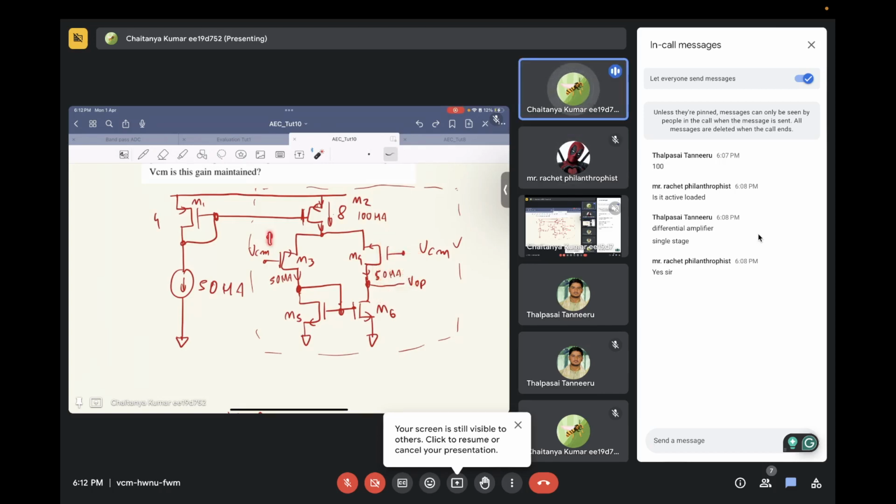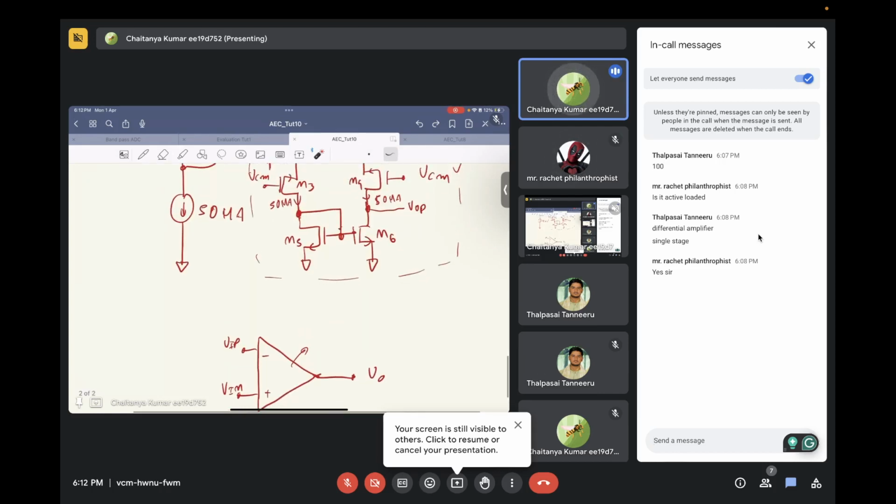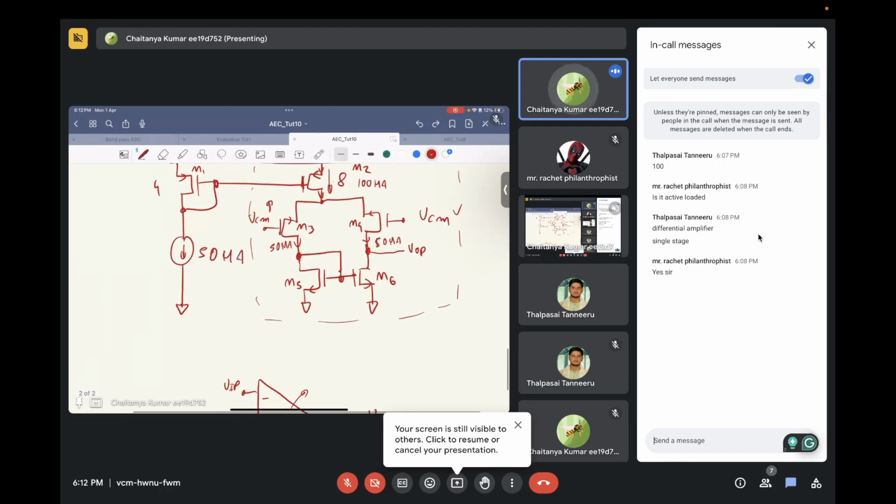So if the voltage on this terminal, VOP, is increasing, then the gate of transistor M3 is the plus terminal and the gate of transistor M4 is the minus terminal. Okay, so plus and minus.